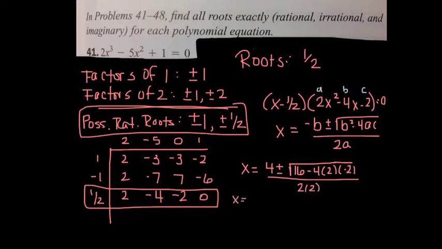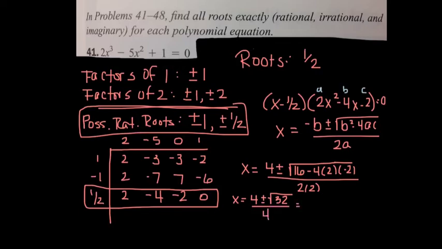This tells me that x equals 4, plus or minus the square root of -4 times 2 is -8. -8 times -2 is +16. So this actually becomes 16 plus 16, which is the square root of 32, all over 2 times 2, which is 4.